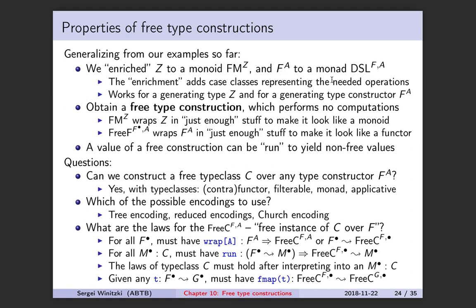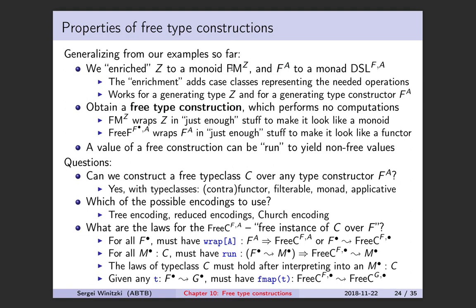But there are also other encodings that are more sophisticated. And so this works for any type Z and any type constructor. And the result is a free type construction. And this type construction performs no computations.